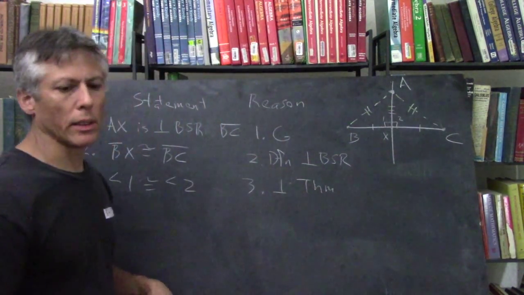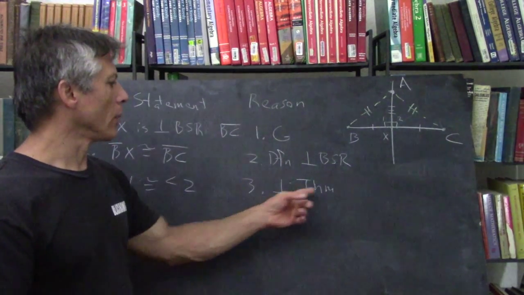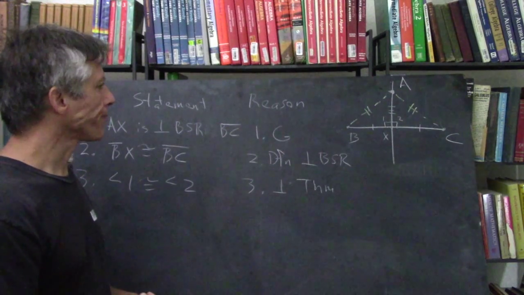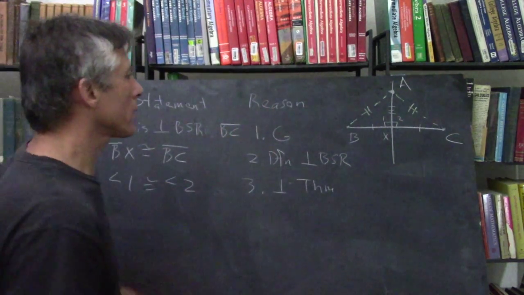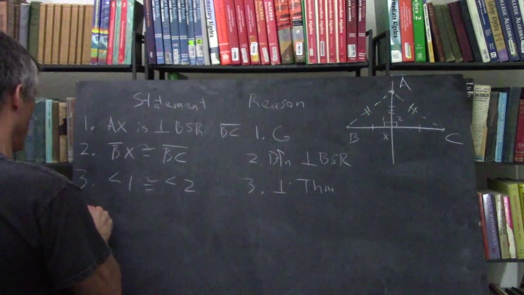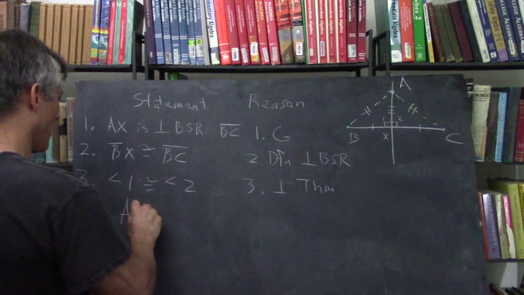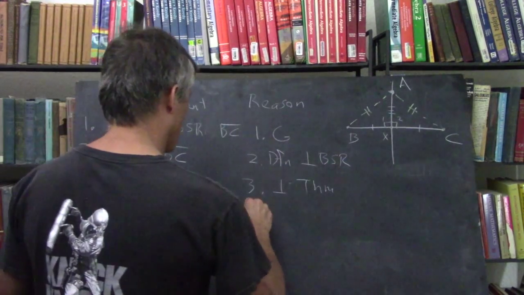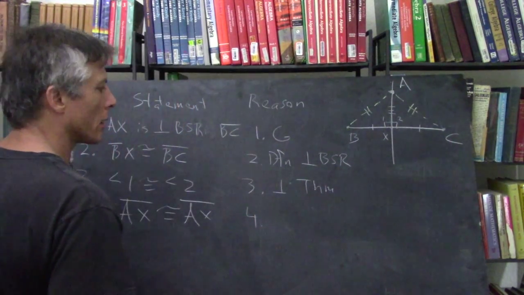I don't remember which one that is in the book, so I'm just going to put perpendicular theorem, and you can look that up, see which one it is. And we know AX is congruent to itself. And that's identity.